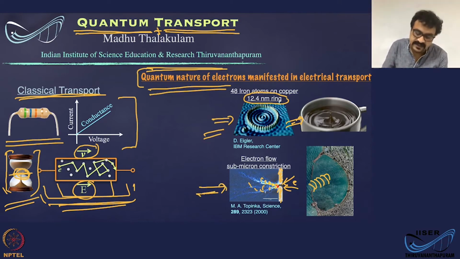Whereas in this case, it is closer to water waves. I mean, this is just an analogy, but there are a lot of details and variations to this very crude picture of water waves. But those things we will address in detail as we move further.